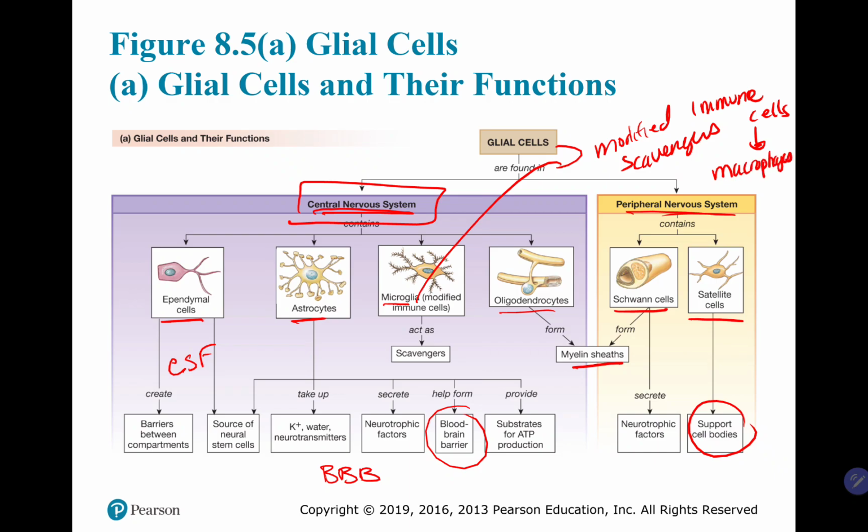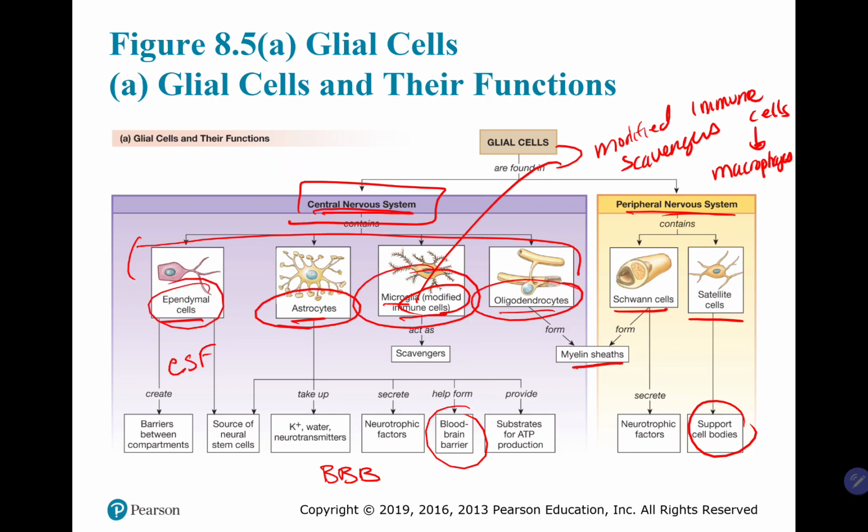These are modified macrophages in the central nervous system. And then again, oligodendrocytes form myelin sheaths, right? So these are the four neuroglia of the central nervous system: ependymal cells, astrocytes, microglia, and oligodendrocytes.